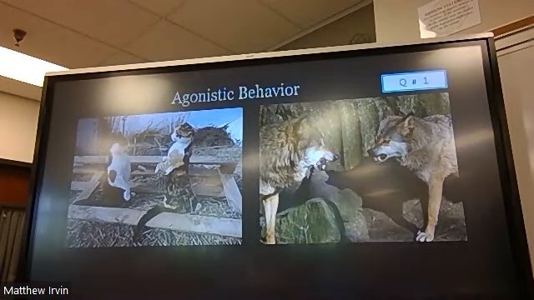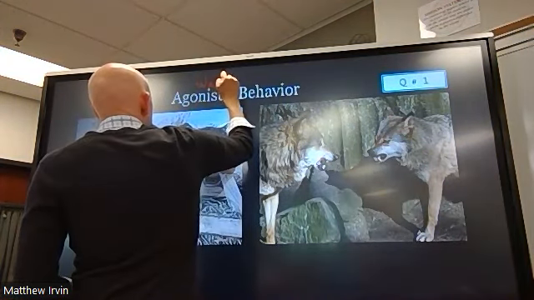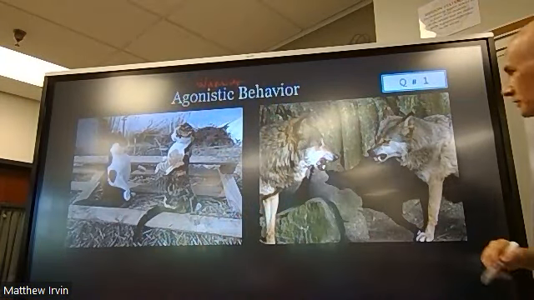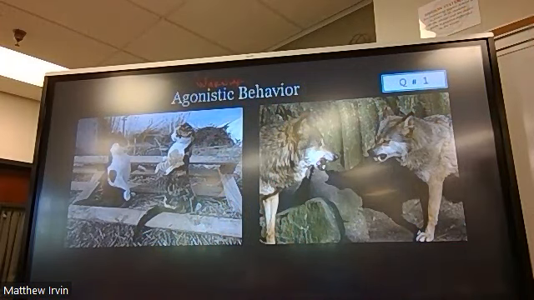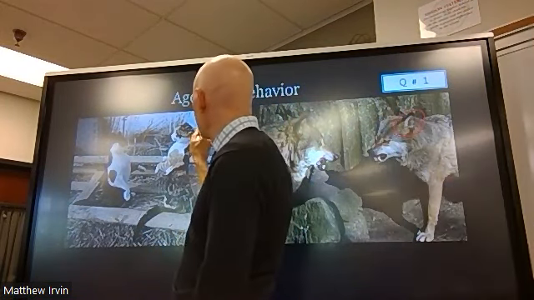Agonistic behavior, this is sometimes known as warning behavior. So we have our cats hissing at each other. We have our dogs or our wolves growling. And you can see some common behavior in this: the dog's ears are back, the cat's ears are back.